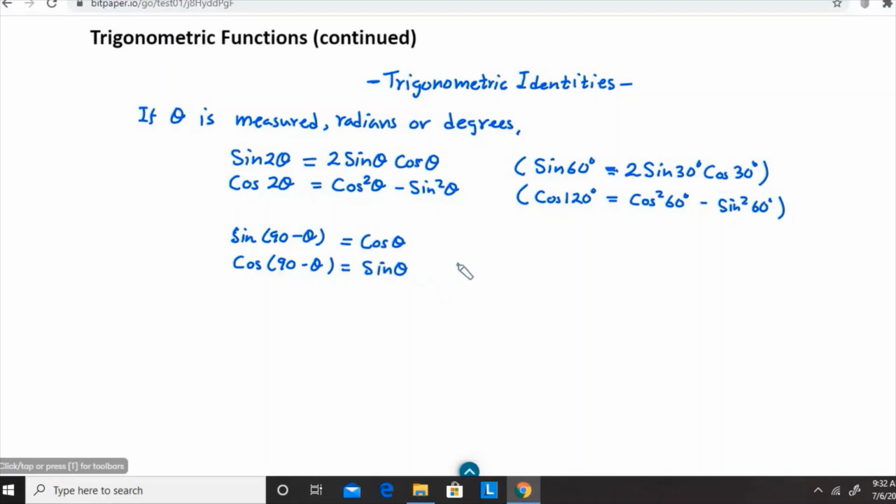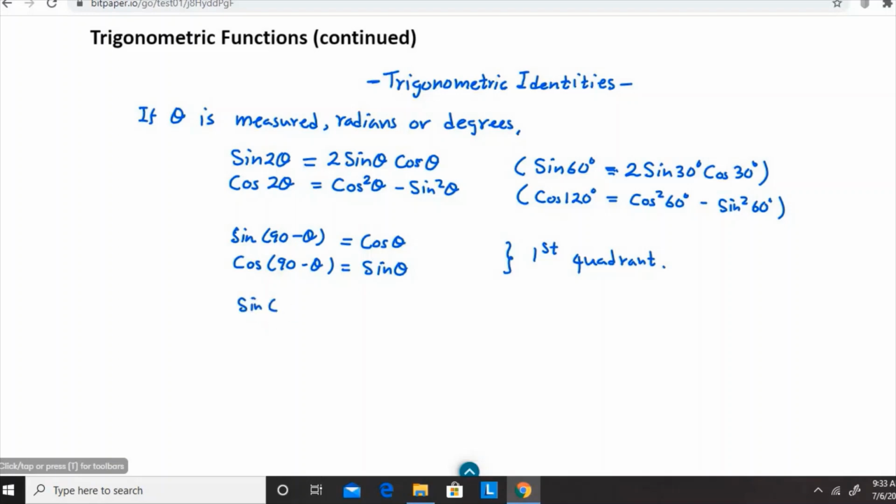In the xy coordinate system, these two identities are related to the first quadrant.